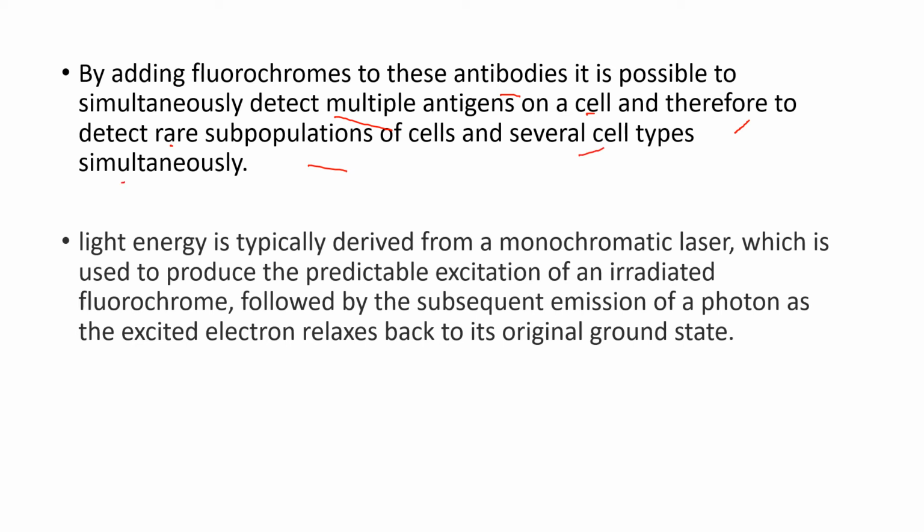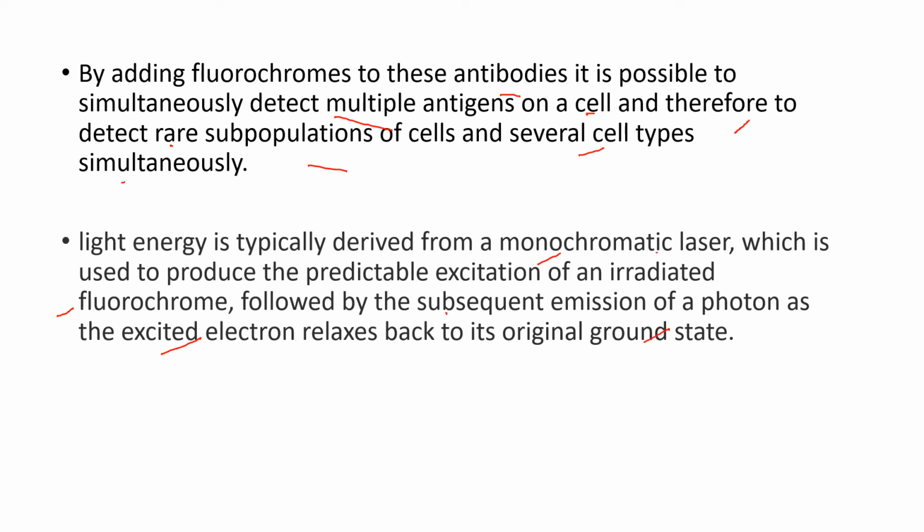Light energy is typically derived from monochromatic laser light, which is used to produce predictable excitation of the irradiated fluorochrome. The fluorochrome has the property that it will absorb light and emit light of higher wavelength, with subsequent emission of a photon as the excited electron relaxes back to its original ground state.